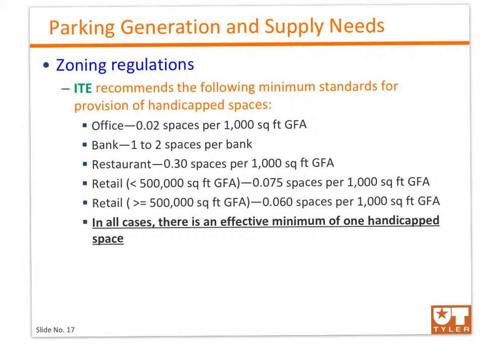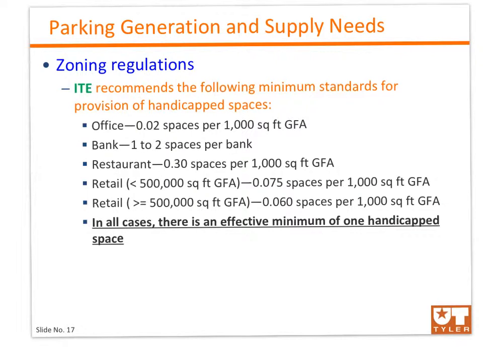Another good source for zoning regulations would be the Institute of Traffic Engineers, which recommends the following minimum standards for provision of handicapped spaces. For offices, they recommend 0.02 spaces per 1,000 square feet GFA. For banks, typically it's 1 to 2 spaces per bank.